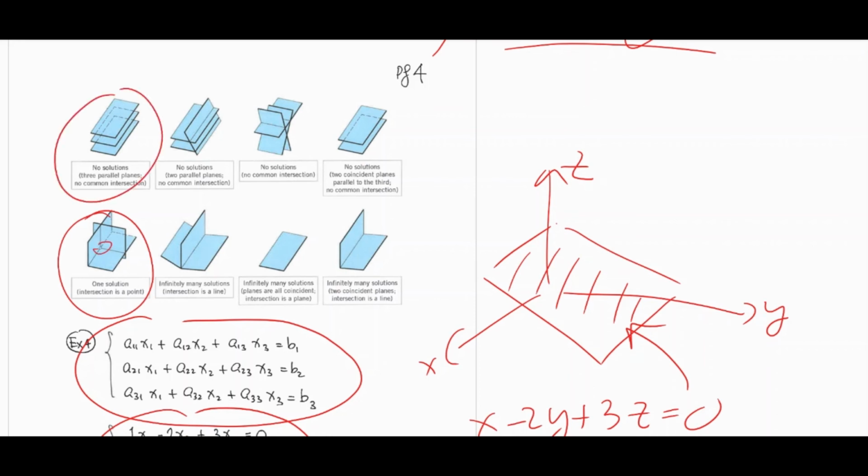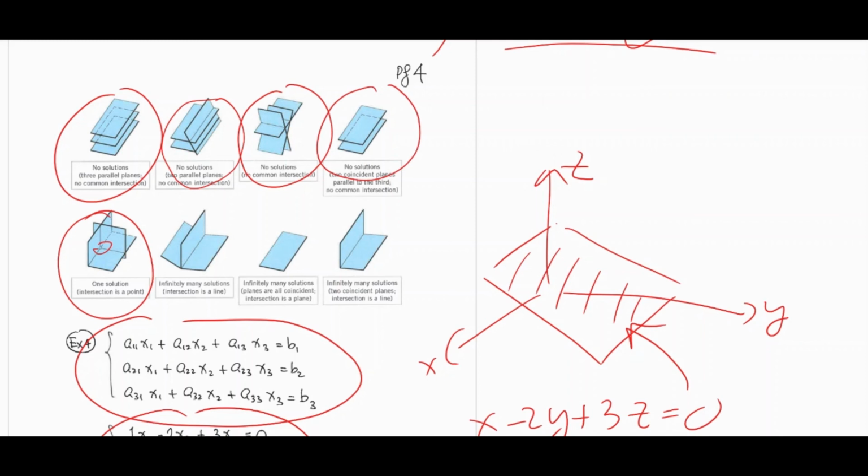The 3 planes may be parallel, just like the parallel lines we saw just now. There are many ways you can have no solutions, in the sense that you cannot find a solution common to all 3 planes. So these are the cases where there are no solutions.